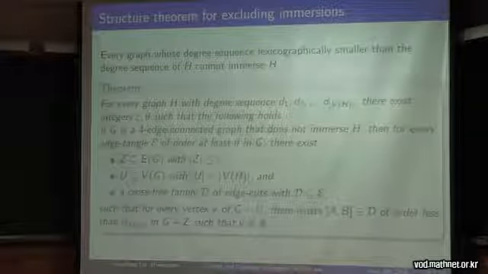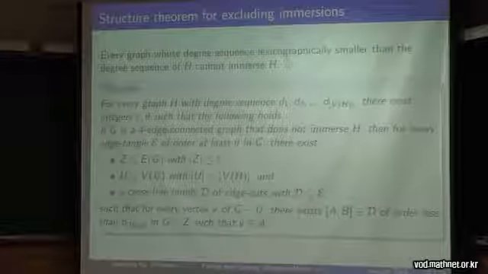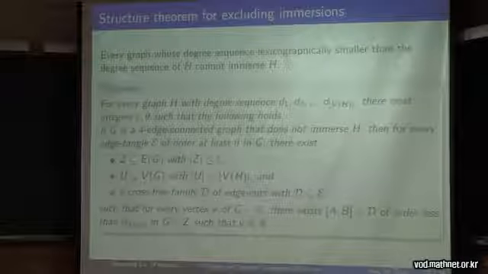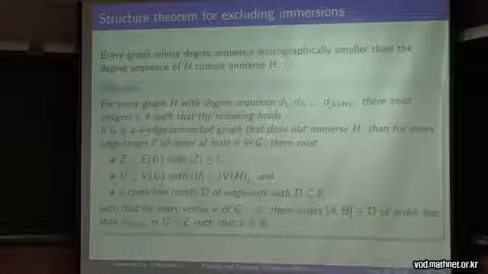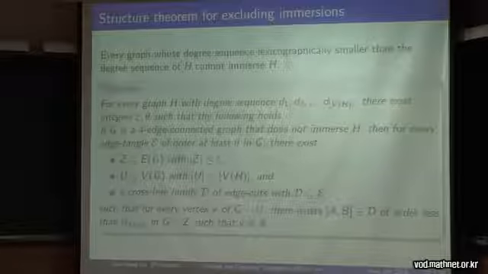So now I apply the structure theorem again. But I will have to stop after a bounded number of times, because for each operation I reduce the degree sequence of the graph I exclude. So in the end I will get a one-vertex graph. The degree sequence should be all 0. Now I assume H is connected, so I can just have one vertex, and every graph should contain a one-vertex graph as an immersion.